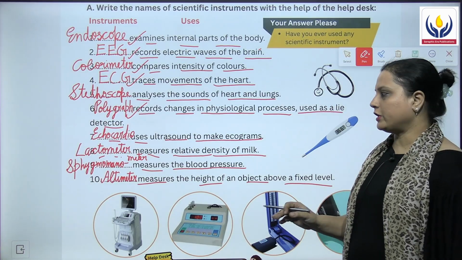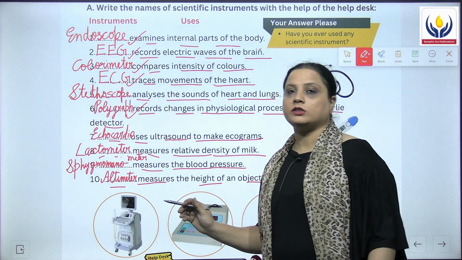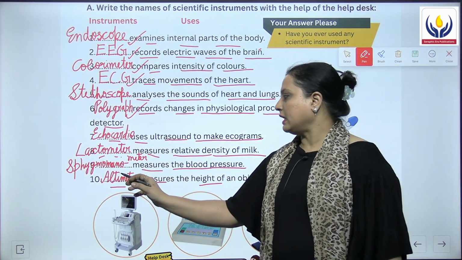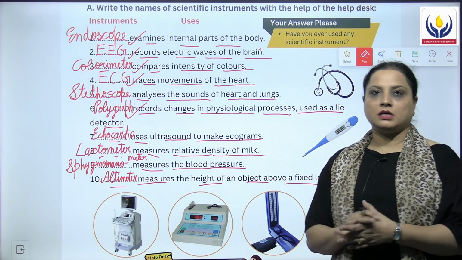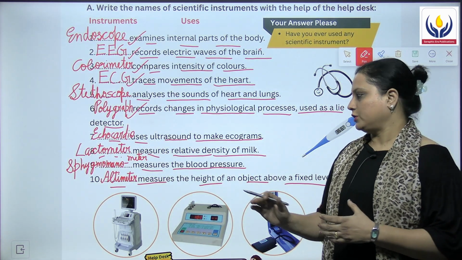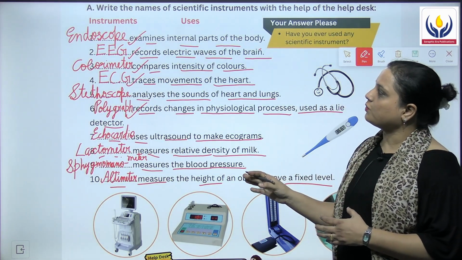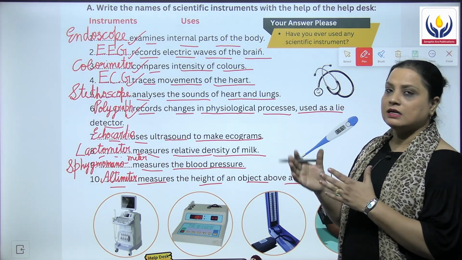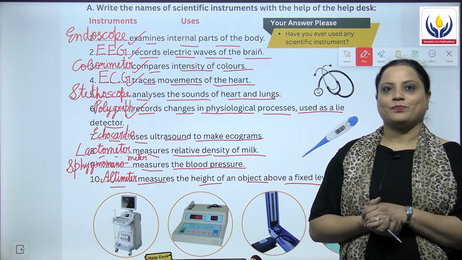And what is the answer for this? The answer is altimeter. ALTIMETER.